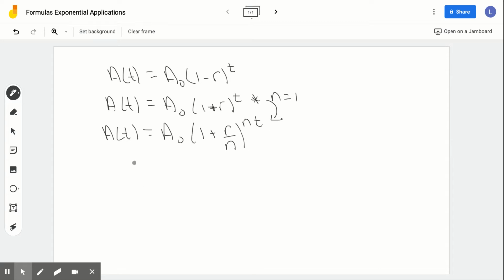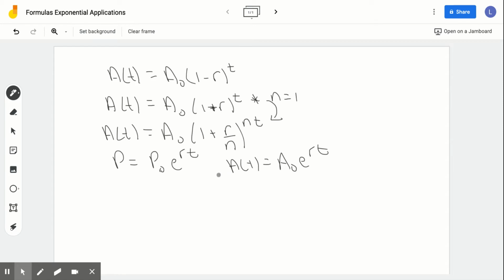Let's say interest, though, is compounded continuously. So I could continue with the variables A of t and A sub 0, but I'm going to do P here, or P of t, and P sub 0 e to the rt, because I like to call this formula PERT. But really, it's the same as saying A of t equals A naught e to the rt.